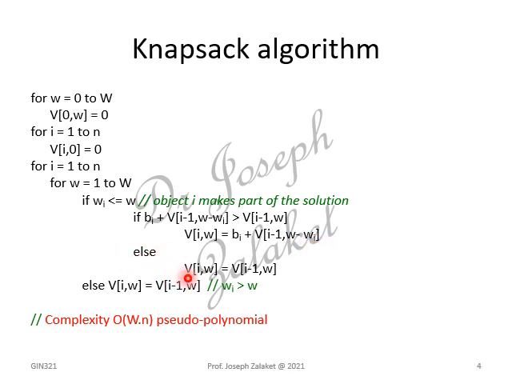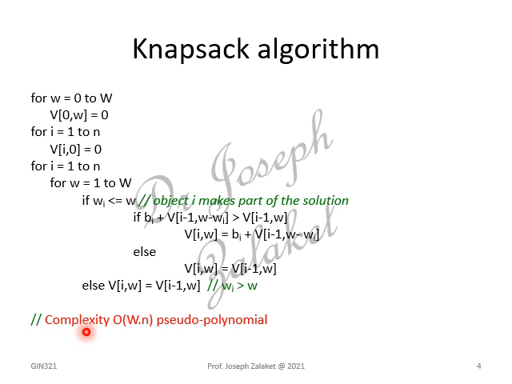Else we will take the previous value, V[i, w] will be assigned V[i-1, w]. Else, that means the object cannot fit, so we will keep the previous value, V[i, w] equal V[i-1, w]. The complexity of this algorithm is big O of W multiplied by n, which is a pseudo-polynomial complexity.